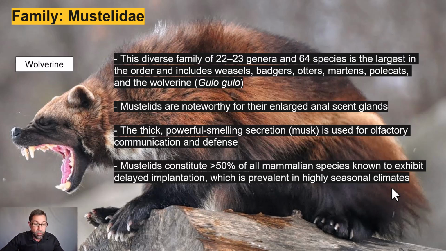Mustelids occur throughout much of the world and are absent only from Australia, Antarctica, Madagascar, and oceanic islands. Mustelids are highly specialized predators that inhabit both terrestrial and arboreal habitats, as well as fresh and salt water, as seen in the otters.